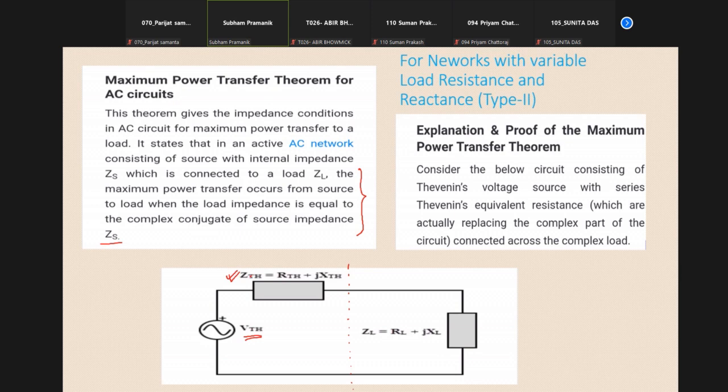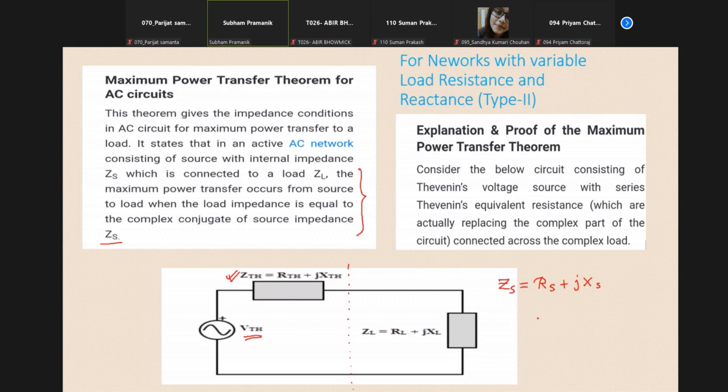Whatever be the case, you just need to understand that in this particular case where the circuit is reactive, that means an AC network, maximum power will be transferred to the load from the source when the load impedance is equal to the complex conjugate of the source impedance. If I say that ZS, that is the source impedance, is RS plus jXS, RS is the resistive part, XS is the reactive part.